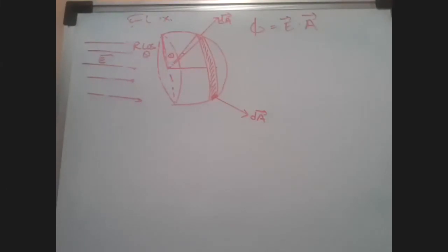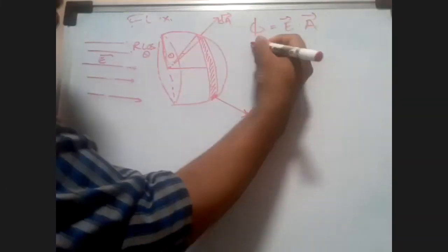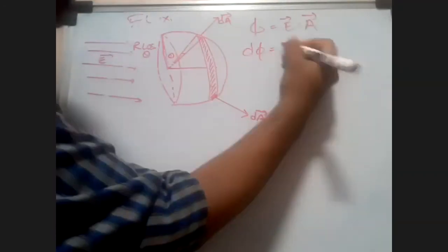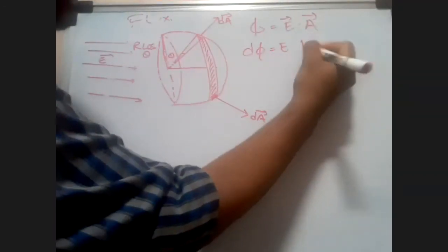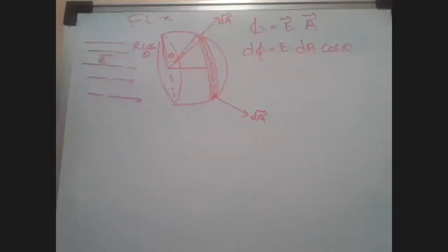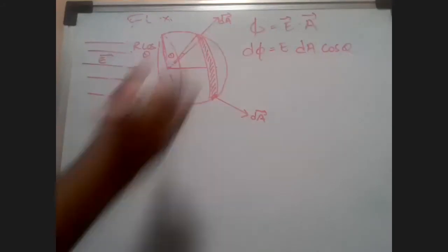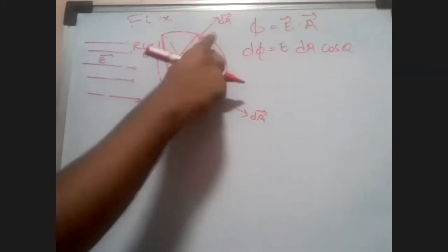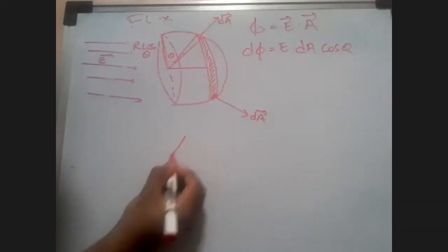Now we'll solve this fast. So d phi is equal to what? D phi is equal to E dA cos theta. But what is cos theta? Anyone? Look here, I'm going to draw it separately. Look at this point over here. This dA is like this.